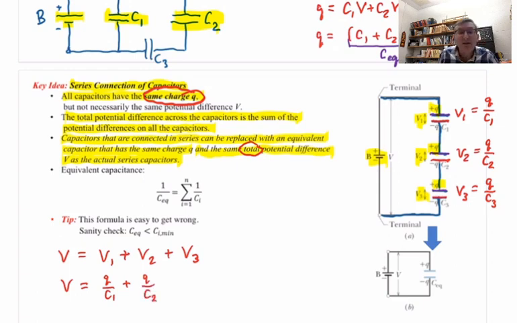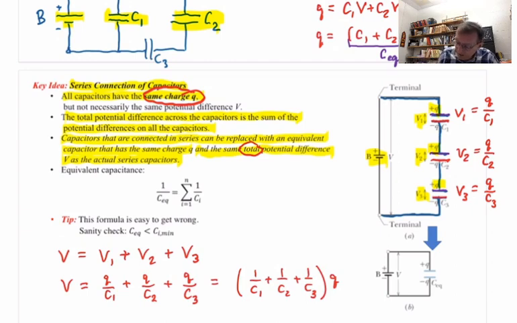And for V2, I'll replace it with Q over C2. And for V3, I replace it with Q over C3. But they have the same Q. So I'm going to factor. I'm going to write this as 1 over C1 plus 1 over C2 plus 1 over C3, all times Q.